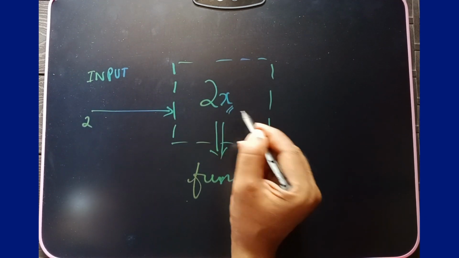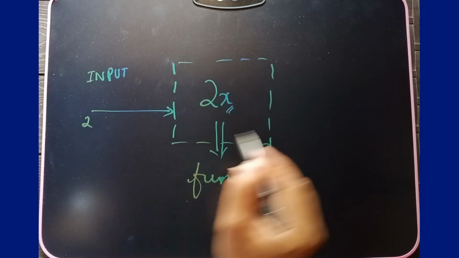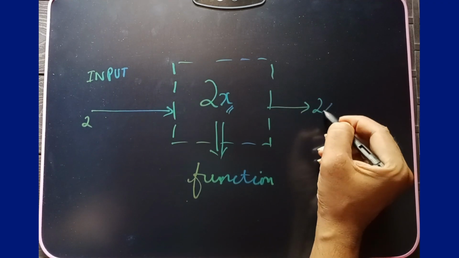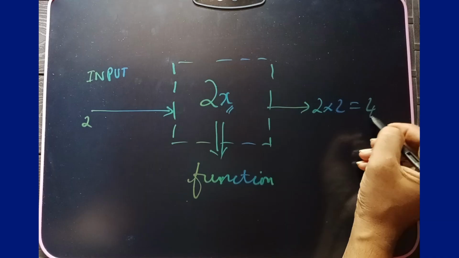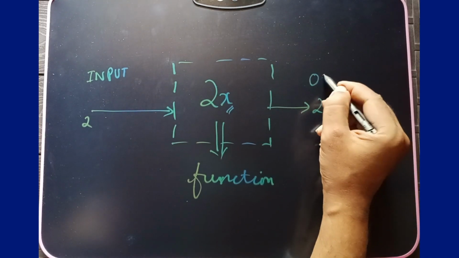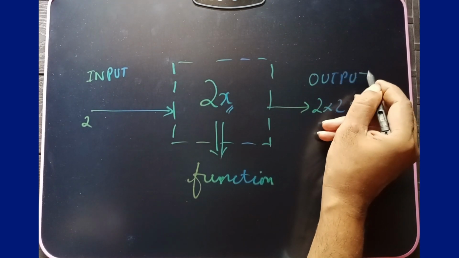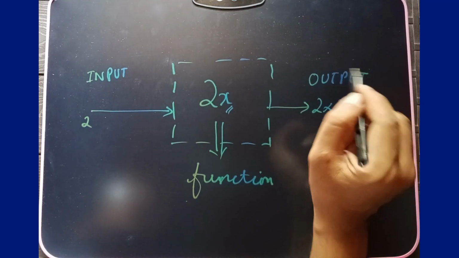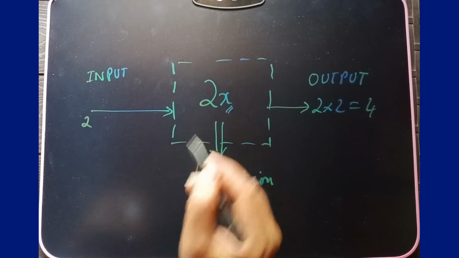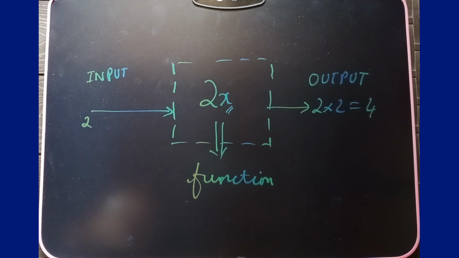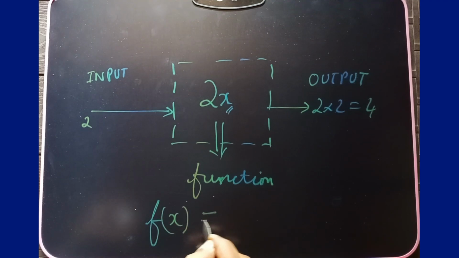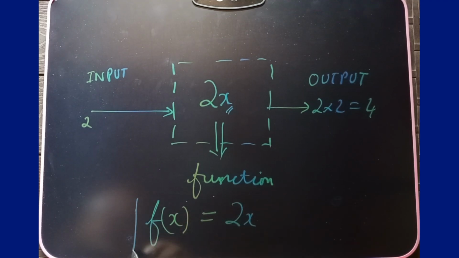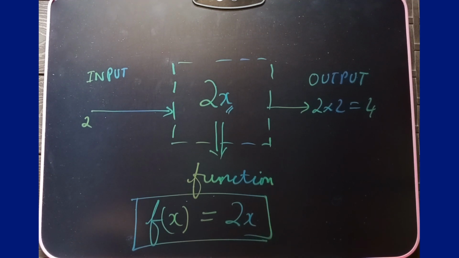Then x will multiply by this 2, so you will get 2 into 2, which is 4. This is your output. So this function is a machine that doubles the input. It is also represented as f(x) = 2x. This is an example of a function.